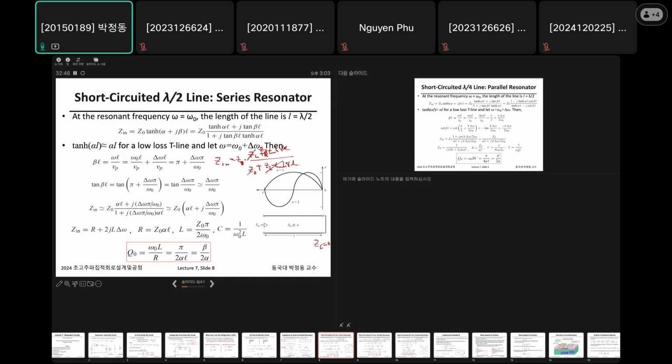Eventually this cancels, which means this is G naught tangent hyperbolic gamma L. Okay, this is what you get.